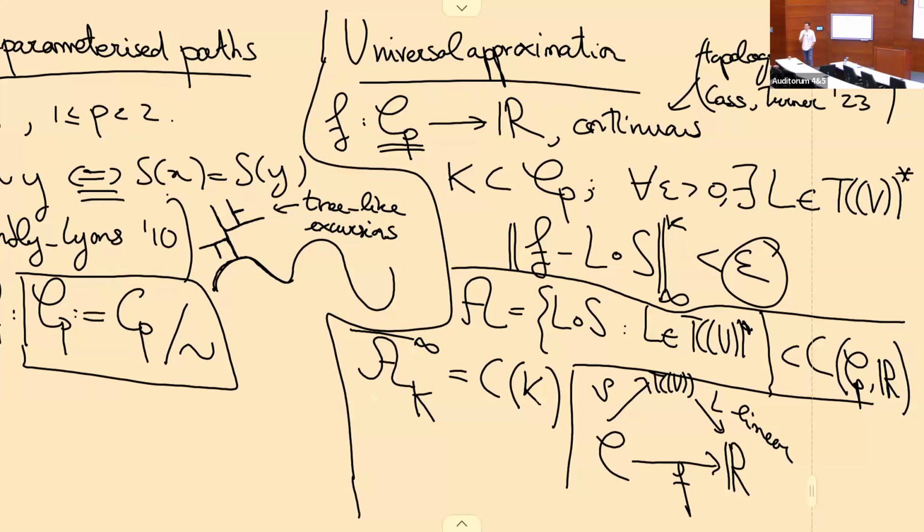Maybe a comment on Jack's question: I think the main difference to PCA is that this approximation result is strictly pathwise. PCA has a distribution in the background, right?